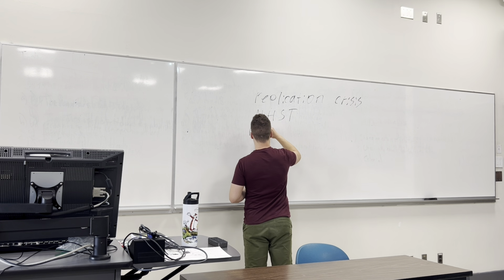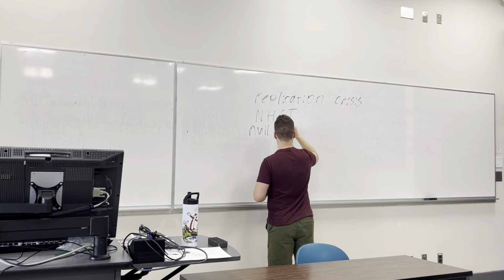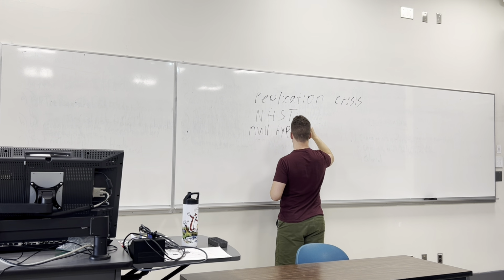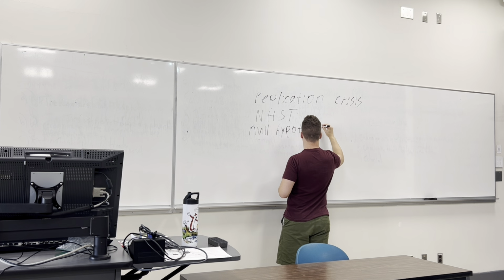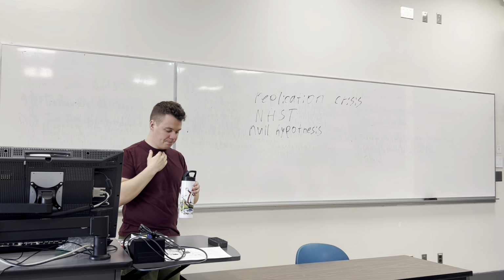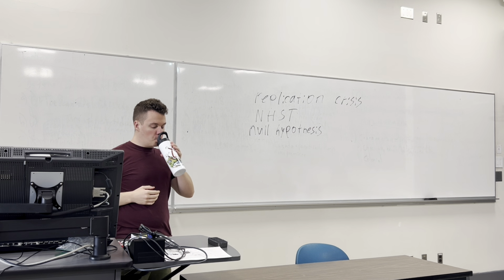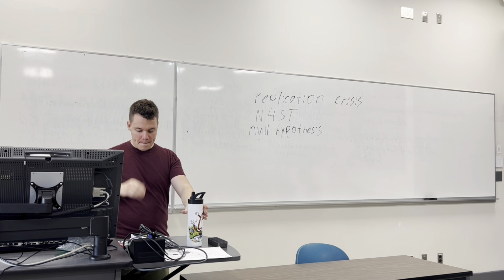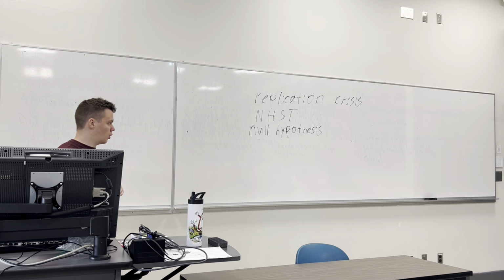You put forward a null hypothesis, and the null hypothesis is the hypothesis you want to reject, or you want to be nullified. It is typically the hypothesis that there is no effect, or there is no correlation.